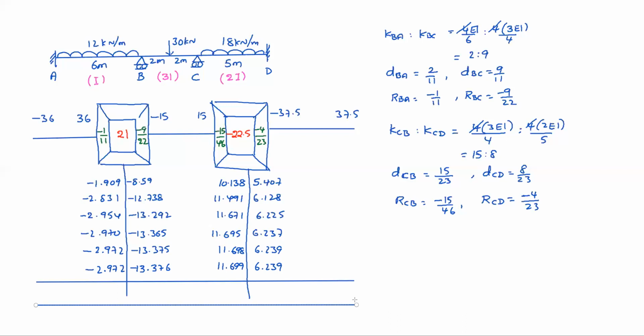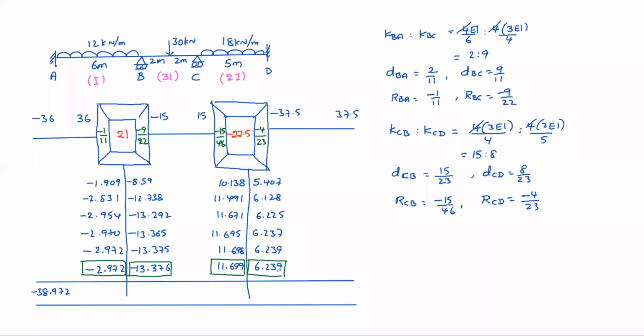Now minus 36 plus 2 times of 0 plus minus 2.972, that is minus 38.972. So these final values we need to use as far end and near end rotation moments.